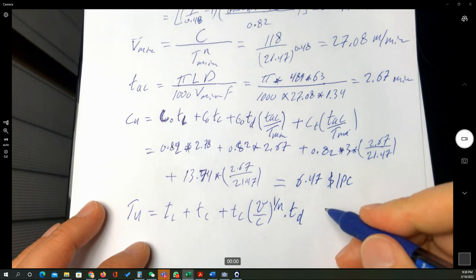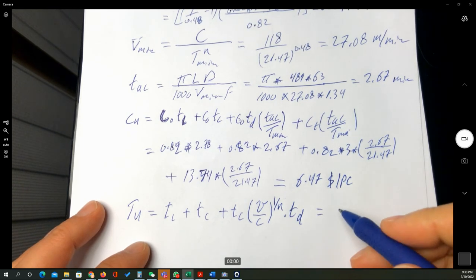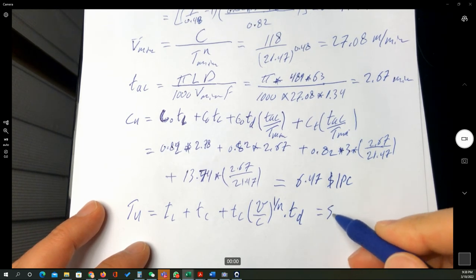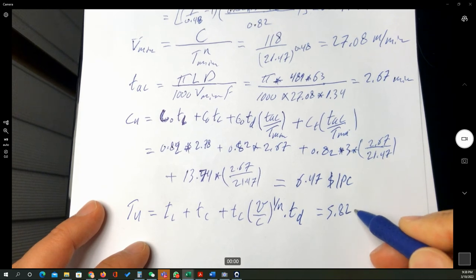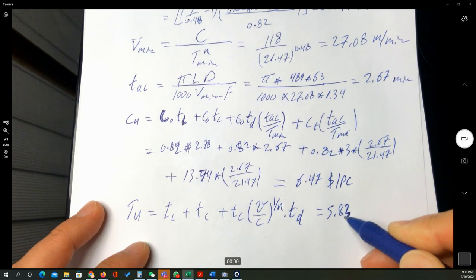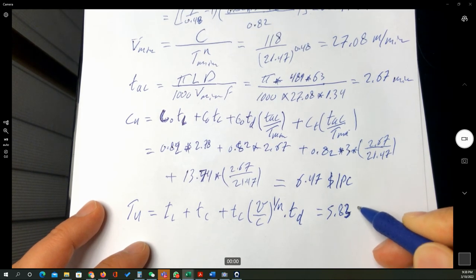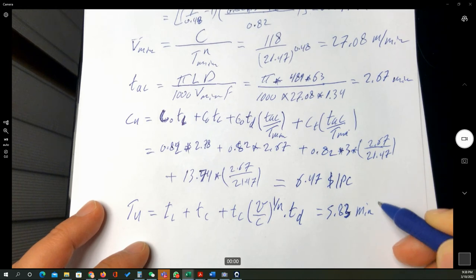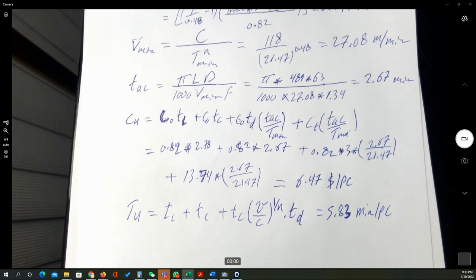Okay, now, that's what we need to find. And according to the calculation I had, I got that the answer is going to be 5.82. Let's be more accurate, 5.83 minutes per piece is the time required to manufacture one piece.